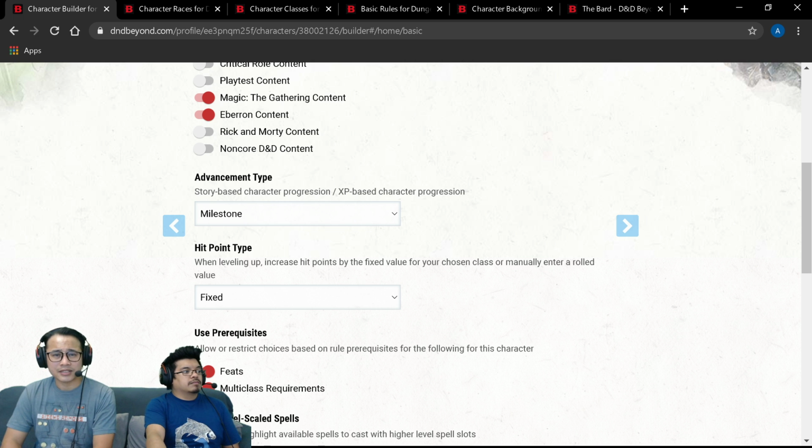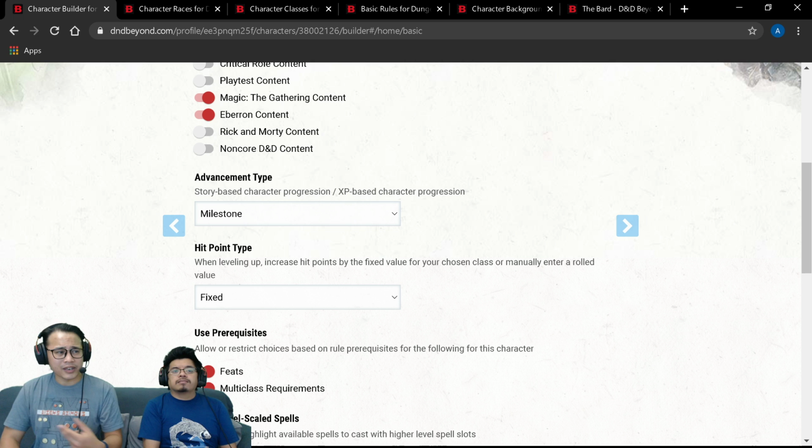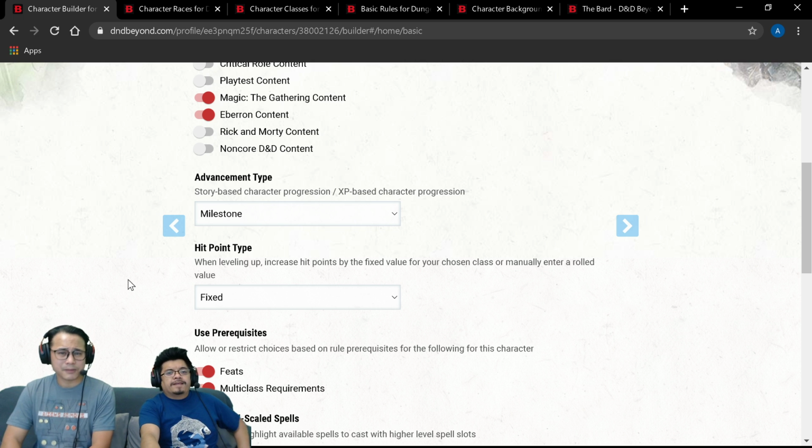Milestone is something different. The DM decides when you advance. So maybe they would say, oh, by your third session, you will advance from level 1 to level 2, or maybe once you pass this mission, you will advance. So again, up to your DM, and they should keep you in the loop about this.